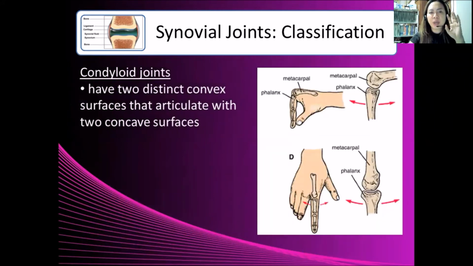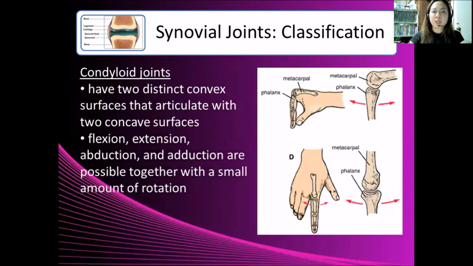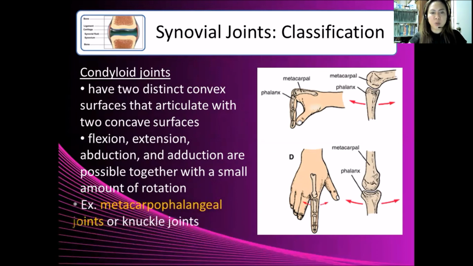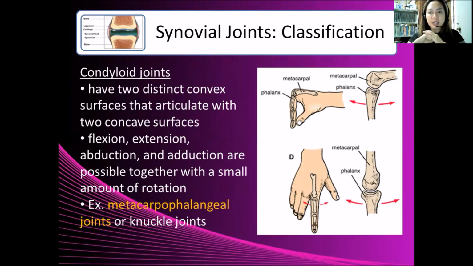Other one, we have your condyloid joints. They have two distinct convex surfaces that articulate with two concave surfaces. Saan ba to? Ano ba itong mga movements? Pwedeng may flexion, extension, abduction, adduction, are possible together with small amount of rotation. So, example, sa metacarpophalangeal joint or your knuckle joint. So, yan sila, no? Etong sa kamay, they are condyloid joints, which is still a synovial joint.